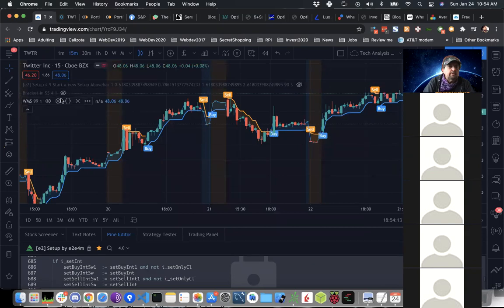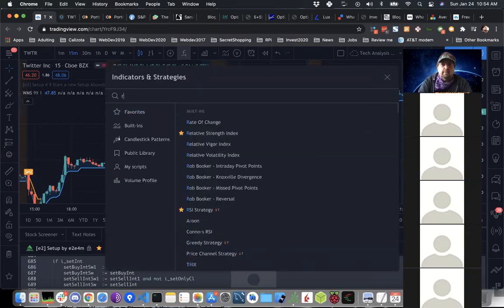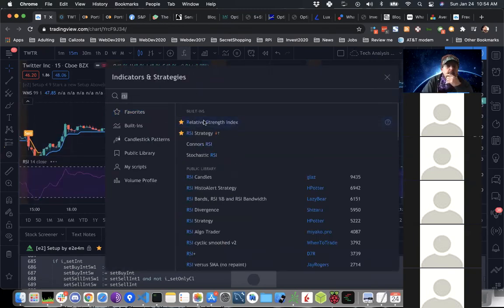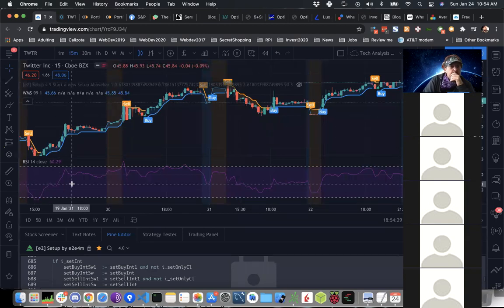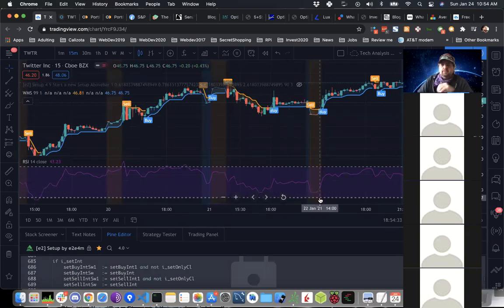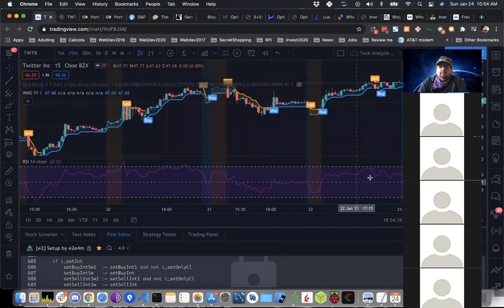That one, and that one. I can always bring them back, and then I go RSI. So we definitely need that RSI, and we need that 50% line. The numbers that he had described in RSI were 30, 50, and 70. So we definitely want to add the RSI triggers.